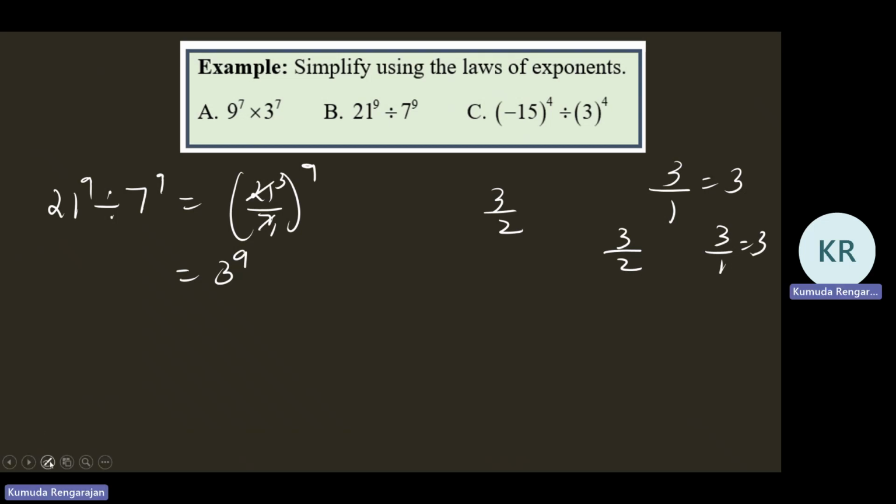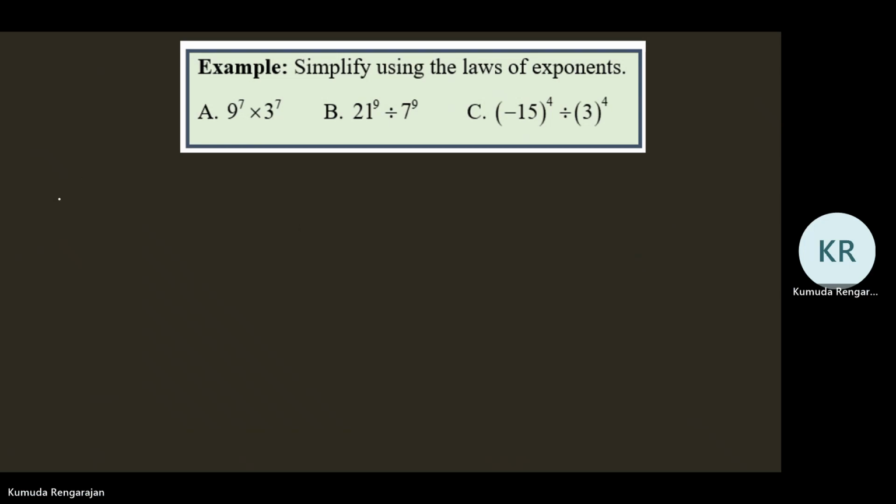Next one. Minus 15 raised to the power 4 divided by 3 raised to the power 4 is equal to.